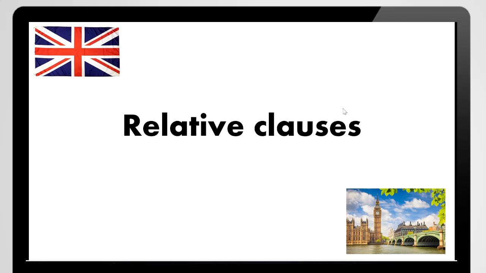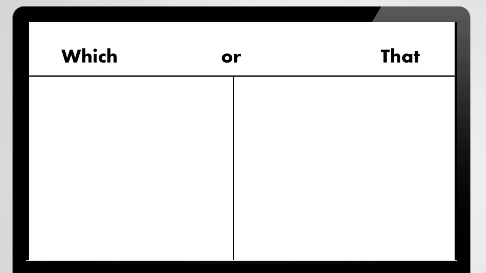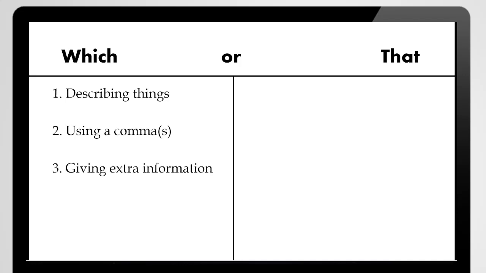Today, we're going to talk about relative clauses, especially which or that. Okay, let's get started. Which or that. Which is used to describe things. It is used with a comma and it is used to give extra information.